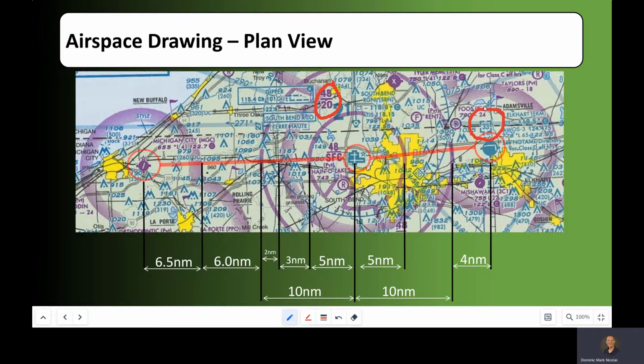And of course we're looking at echo airspace above the delta. And of course, you know, we got echo airspace above the Charlie. We head over to Michigan City.